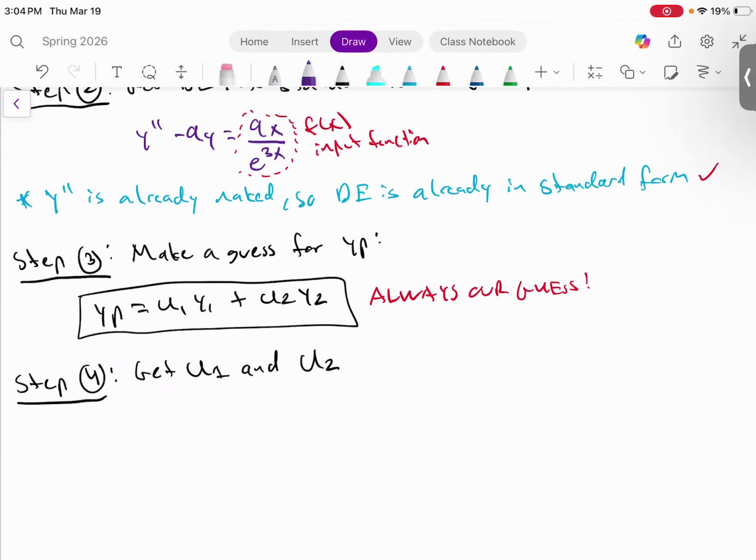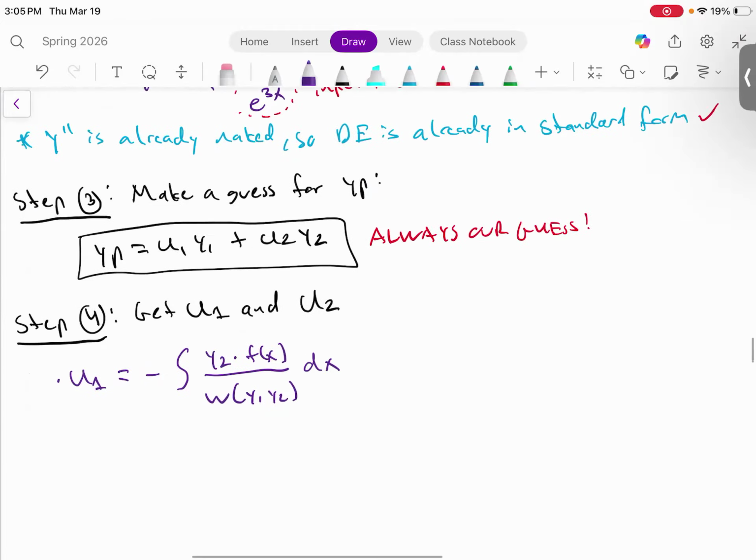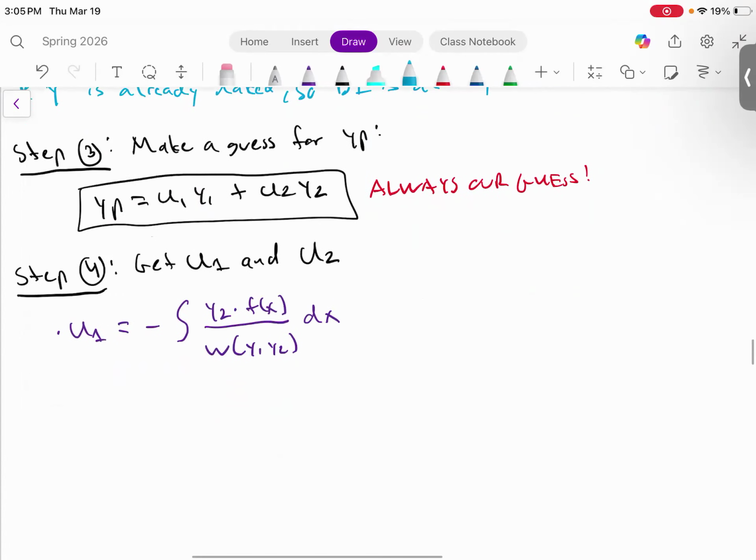The formula for u1 is negative the integral of y2 times our input function f of x all over the Wronskian of y1 and y2, and we're calculating this integral. So the first thing we have to do is get the Wronskian. That's the missing component we don't have yet. So let's go ahead and figure out the Wronskian.